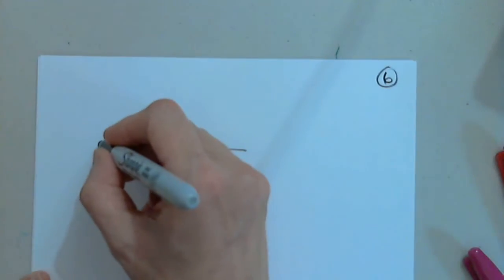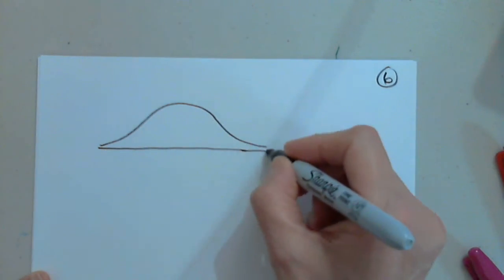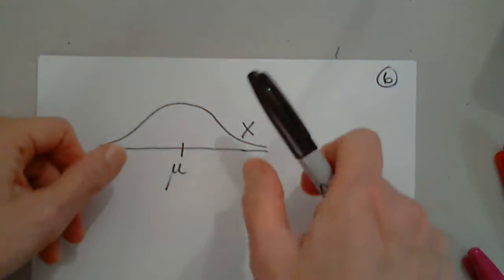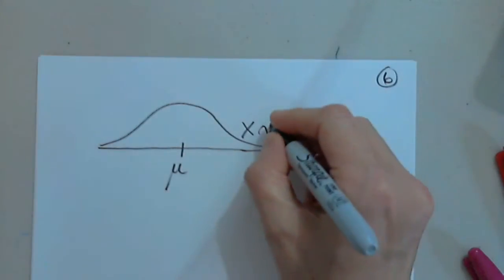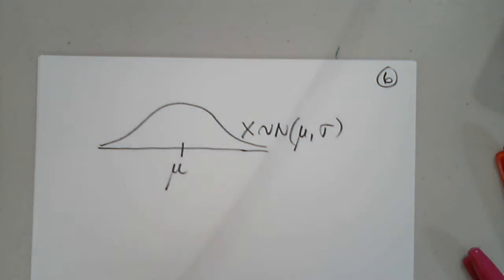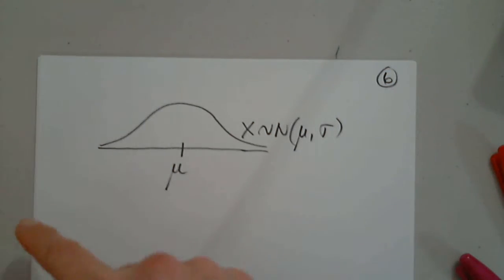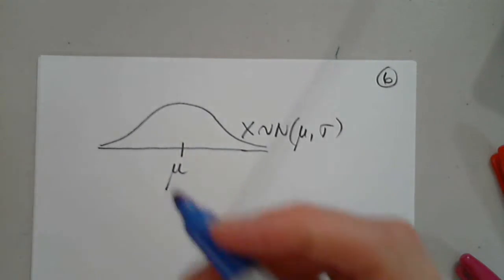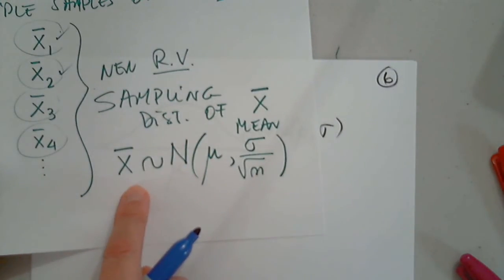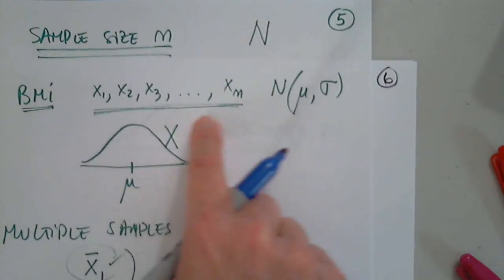It looks like this. If this is x with mean mu and spread sigma, so x is normal with mu and sigma. Here is the graph for the other distribution. Which one? This one, called the sampling distribution. It comes from sampling. It doesn't come from one sample.